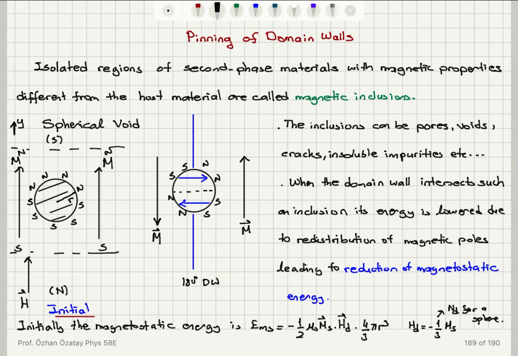So I just noticed that I have placed these incorrectly here. So if the magnetization is pointing upward like this, then I would need to have south poles on this side so that the magnetization would be pointing up on this side as well, and north poles on this side, so the magnetization will be pointing up like this.